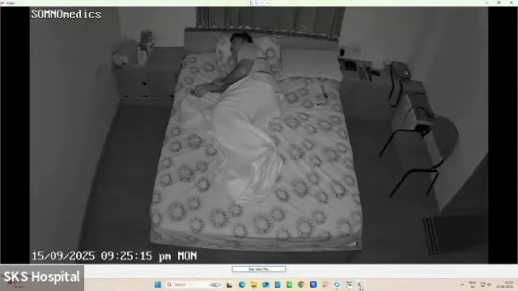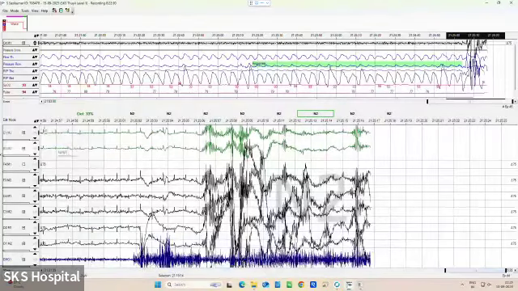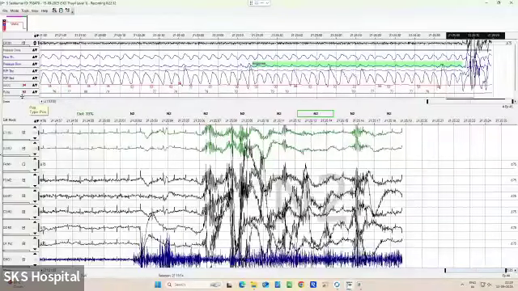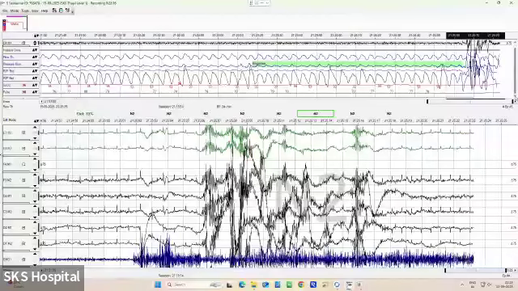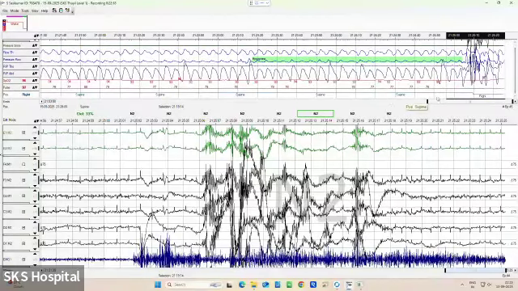The patient has turned to right lateral, and you can see the position has also changed. Supine to right, that's the position sensor.